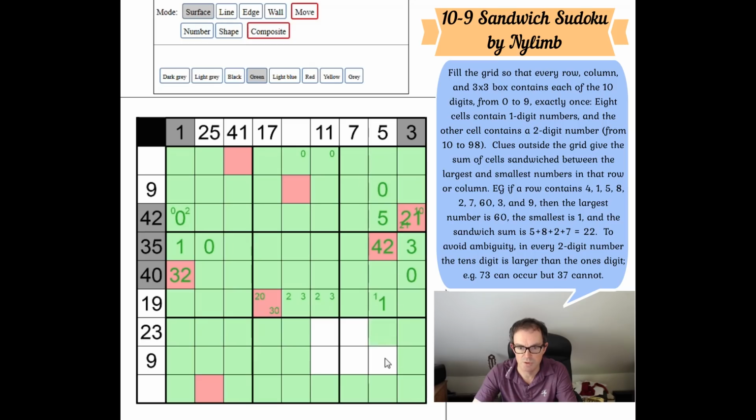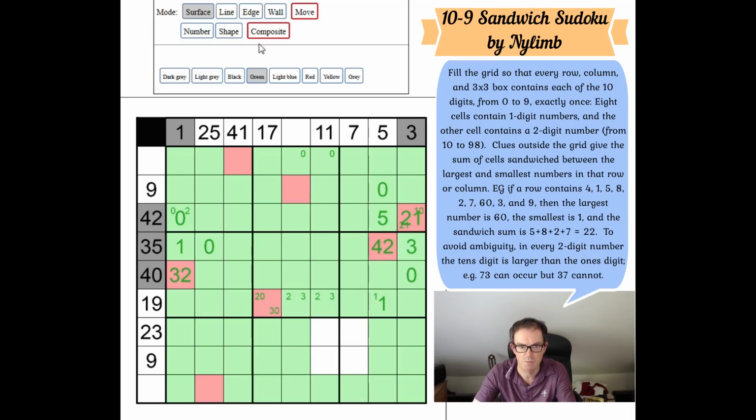And I've put the 2-digit number in this block, so 1, 2, 3, 4, 5, 6. I've got 7 2-digit numbers sorted out. I've got 2 more, and look, if we look at the arrangement here, none of these clues is a 0. Well, not that it could ever be, but the 2-digit number must be offset. Well, it can't be here.